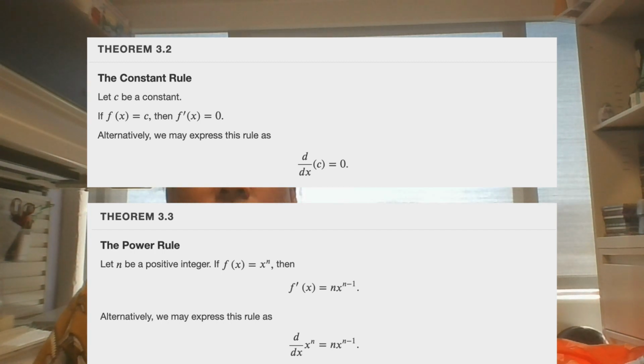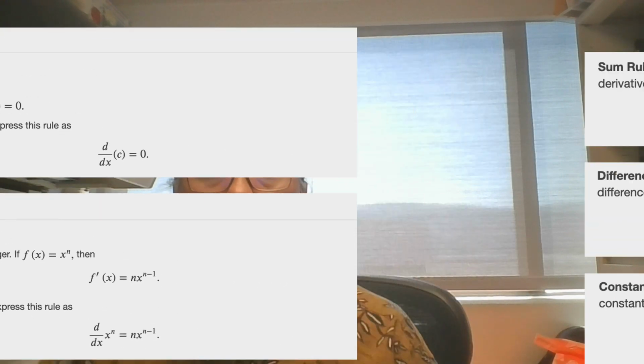Later on, they're going to show that this is actually true not just for positive and negative integers, but for any real number. So that includes fractions, that includes pi, that includes square root numbers or transcendental numbers, whatever. So the power rule is going to be more powerful, but in the beginning, this is its introduction.